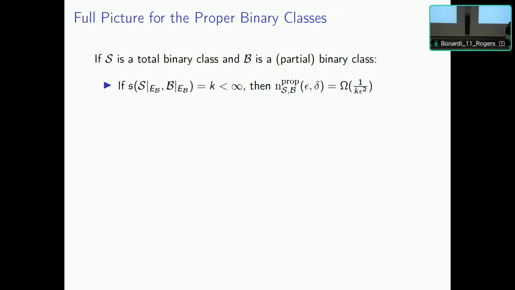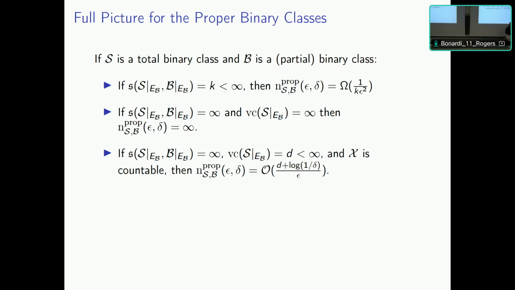Now, we get a full picture for the proper case, for the binary case. So we saw that if this mutual star dimension is finite, we get a slow rate lower bound. But if the mutual star dimension is infinite, and the VC dimension of the source is also infinite, then proper learnability is impossible.